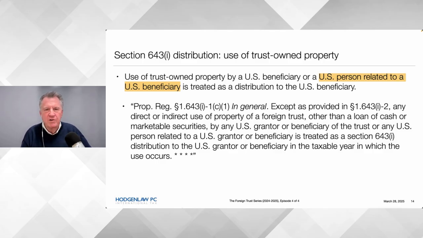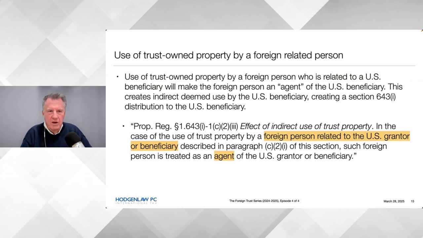So whenever a U.S. person, or again, a U.S. person related to the U.S. beneficiary, uses the property without paying fair market value rental income in the case of a property, that's a deemed distribution to that beneficiary. And it extends even over to foreign related persons.